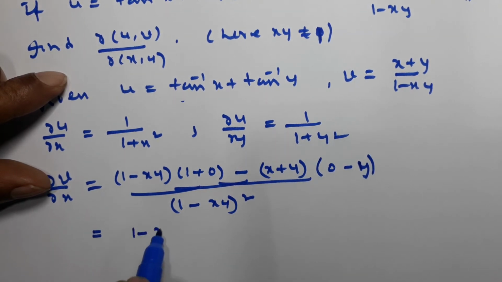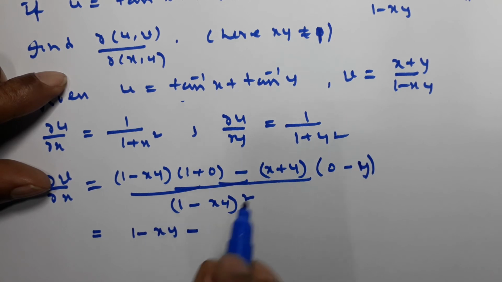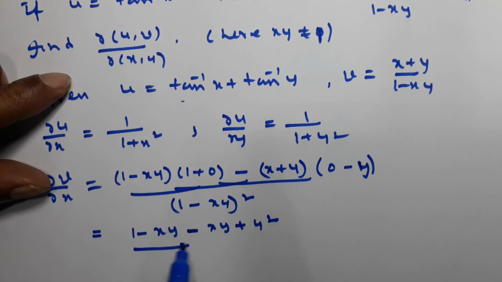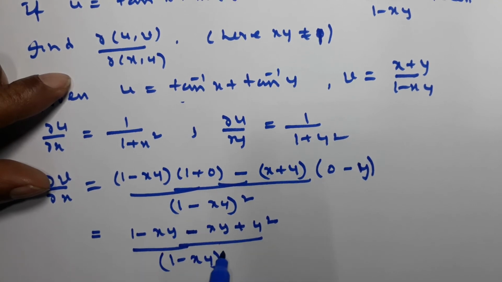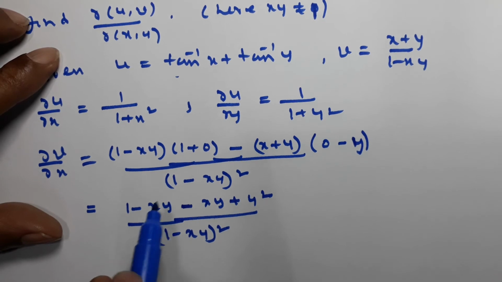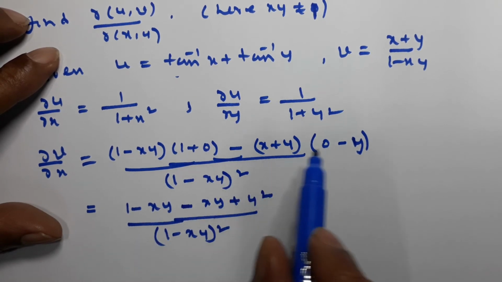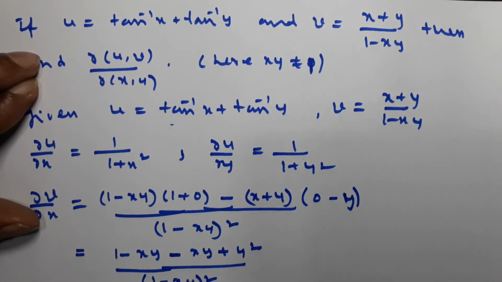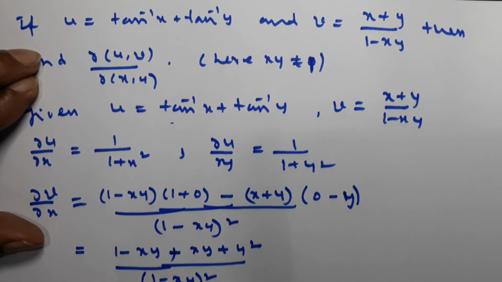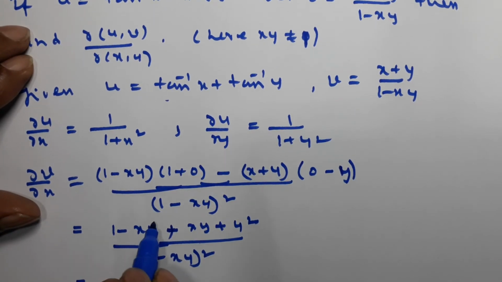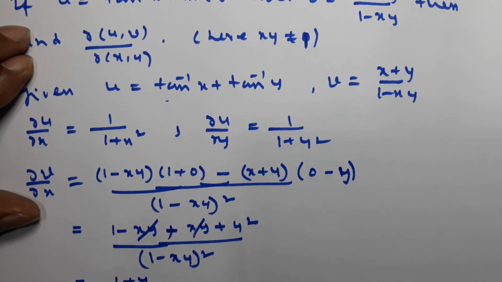This is 1 minus xy minus xy plus y square divided by 1 minus xy whole square is equal to, as this is minus and this also to be minus, as here minus into minus is plus, so that plus xy is equal to, as both are cancelled, 1 plus y square divided by 1 minus xy whole square.